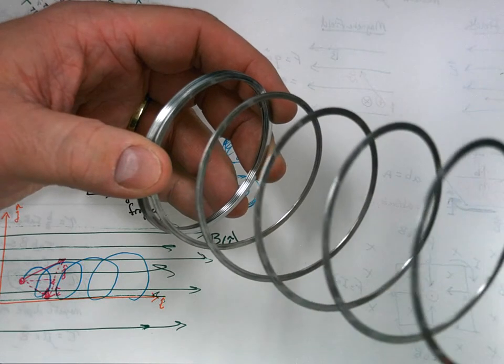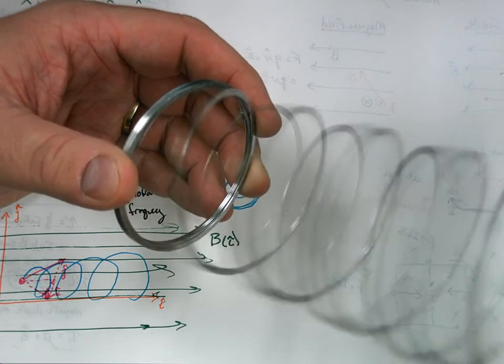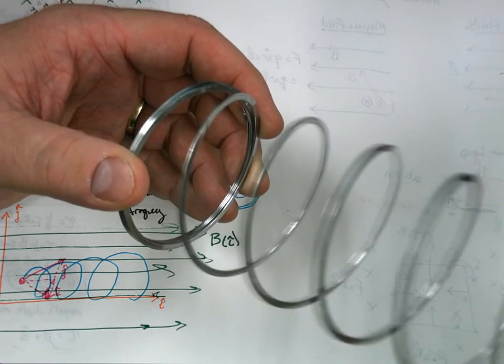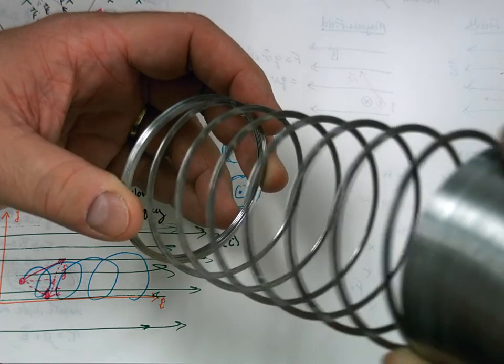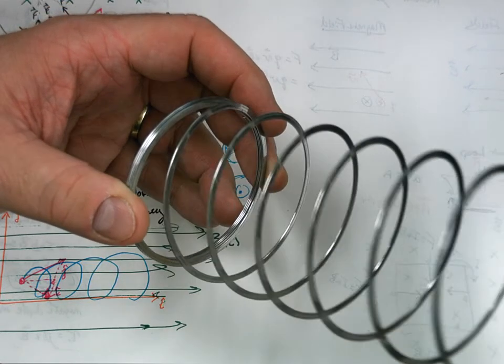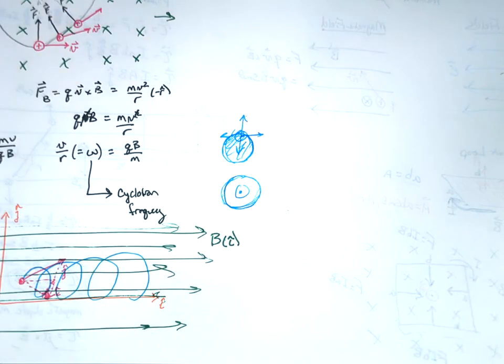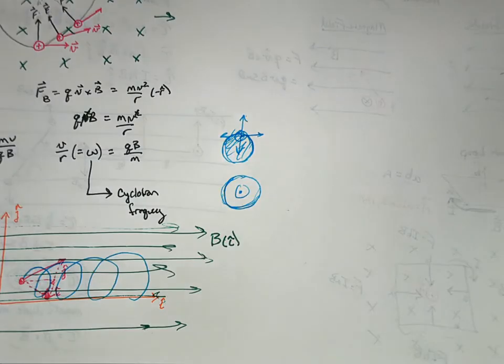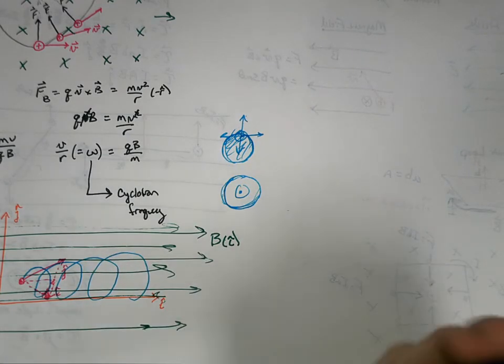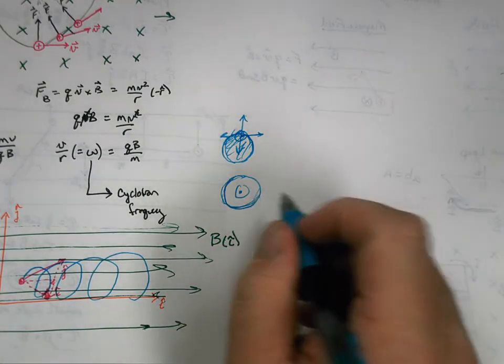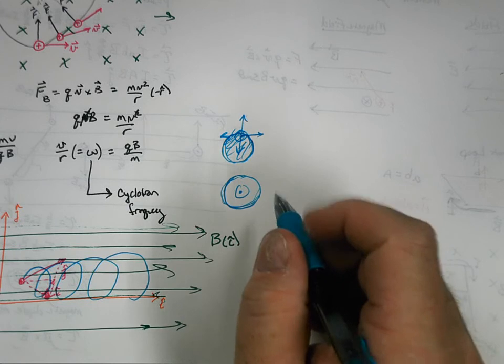Because if you travel in a circle with respect to time, you start traveling with this spiraled path. And when it hits a bubble chamber and you see the curls, that's really what's happening: these things spiraling through our bubble chamber.